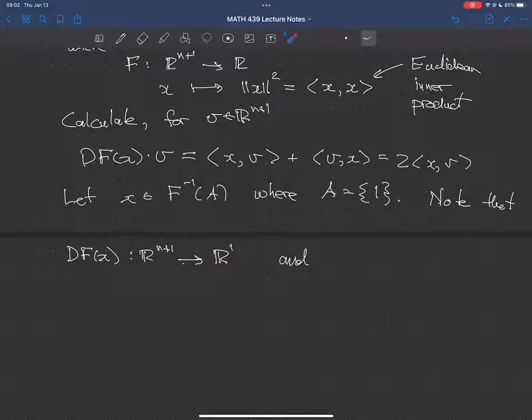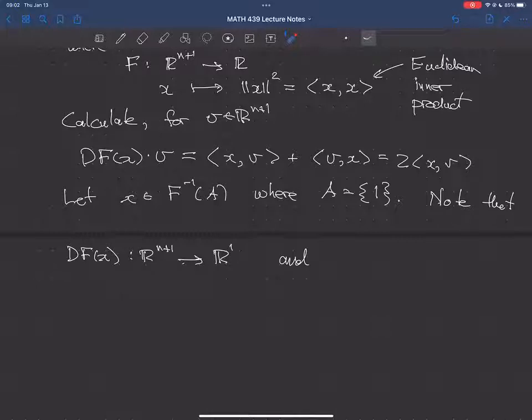What is that linear map? The zero map. Yeah, the zero map, exactly.